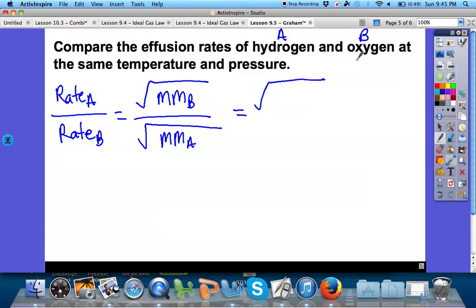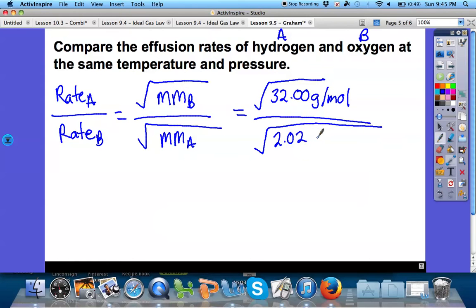So oxygen, average atomic mass is 16. Oxygen is diatomic, so that's going to make the molar mass 32 grams per mole. And then hydrogen is also diatomic. The average atomic mass is 1.01, so that's going to make the molar mass 2.02 grams per mole. And this is going to be equal to 3.98.